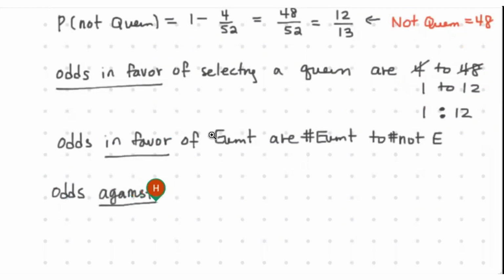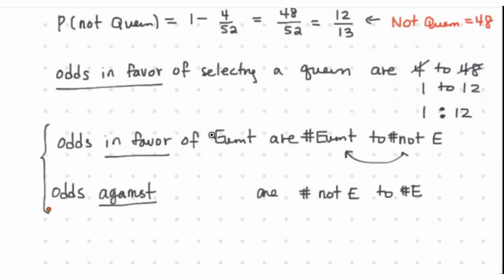Odds against an event are, you swap this: not event to event. Do you understand this? Okay, so go back to this problem here. Odds in favor of selecting a queen.